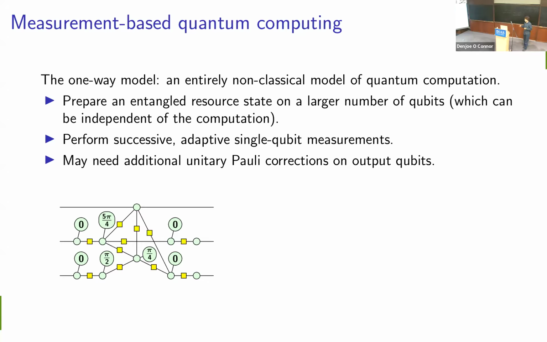And then if the computation is set up correctly, it'll be one that can be done deterministically in this one-way model, and that gives us both a way of potentially implementing that computation if we have physical hardware that uses the one-way model, which does exist, or at least will exist soon, or also there are ways that we can translate one of these overall deterministic one-way computations into a quantum circuit that we can then apply to our ZX diagram that represents the one-way computation.